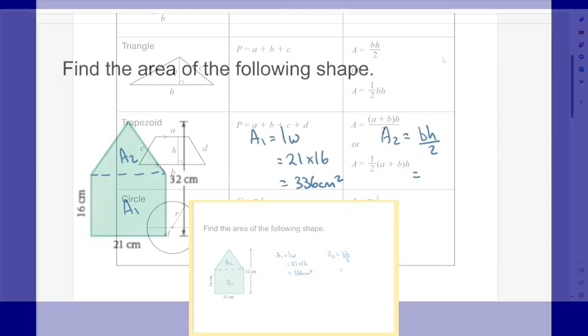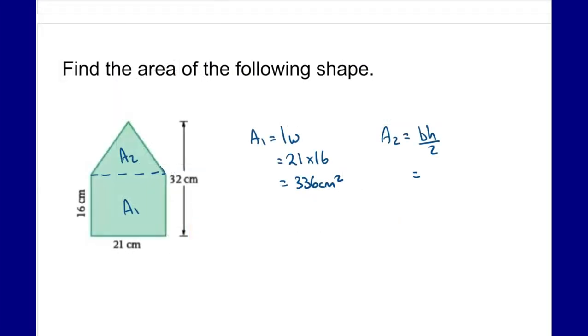If I go back to my diagram, I see the base is 21 because it shares the same base as the rectangle. Parallel sides are equal. So 21 times the height. I need to figure out the height, and I do have enough information. I'm told that this portion is 16.